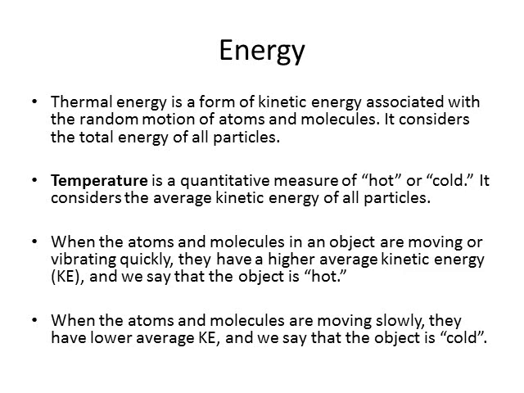It considers only the average kinetic energy of all particles. So when the atoms or molecules in an object are moving or vibrating quickly, they have a higher average kinetic energy, and we say that object is hot. When the atoms and molecules are moving slowly, they have a lower average kinetic energy, and we say the object is cold.